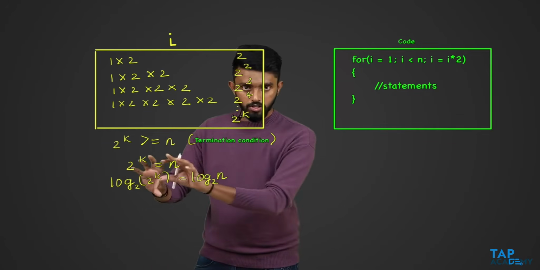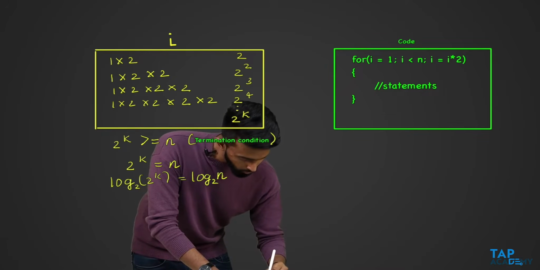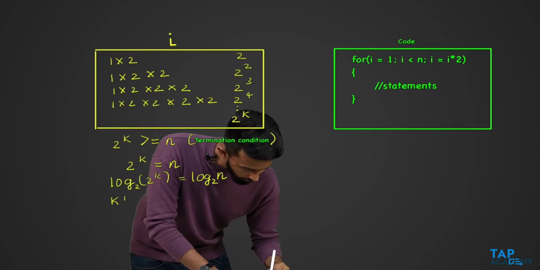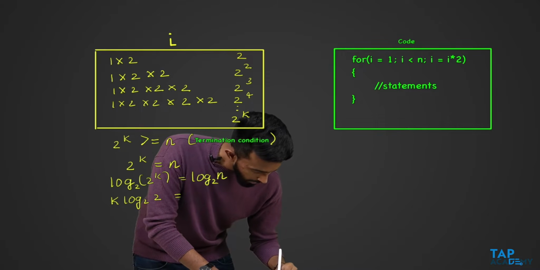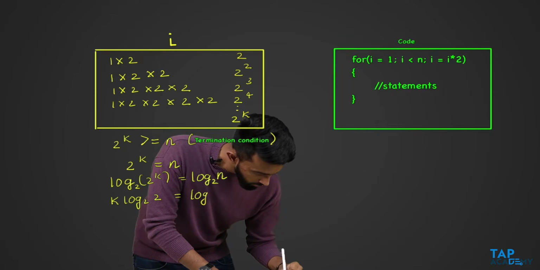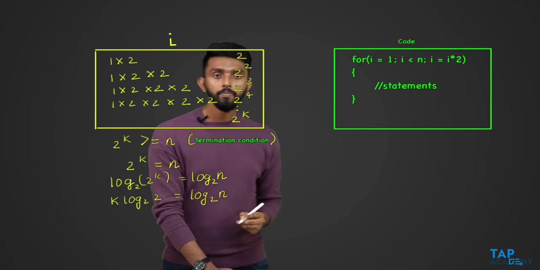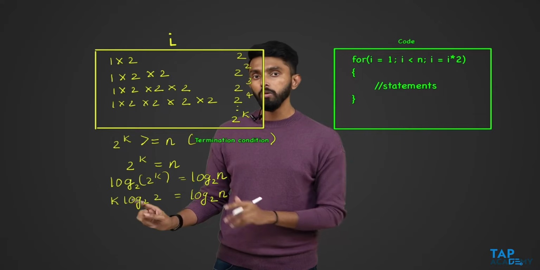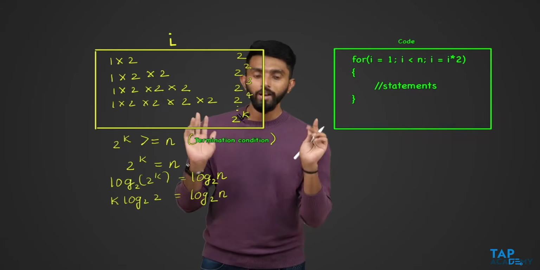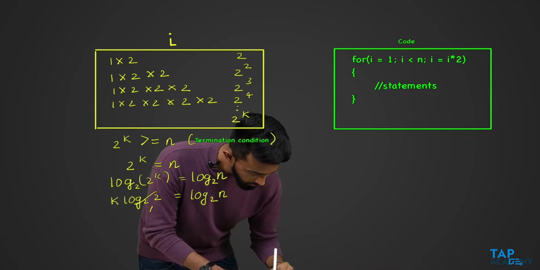Now if I just expand it a little bit, it will look something like this. I will get k log 2 to the base 2 and I will get log n to the base 2. Everyone knows log 2 to base 2 is nothing but 1.